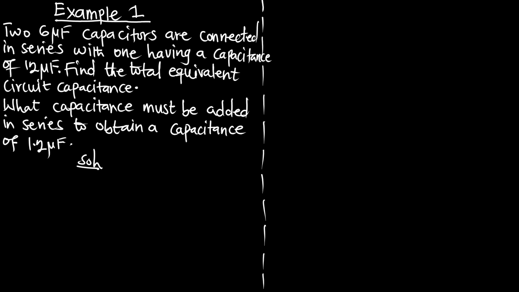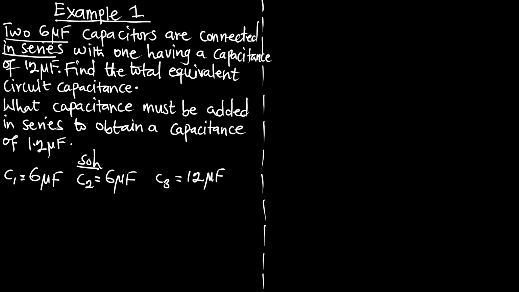So first, for the two 6 microfarad capacitors, let's say our C1 is 6 microfarad, and there are two, so C2, the second one, is also 6 microfarad, and they are connected in series with the third one, so let's call that C3, which is 12 microfarad, all in series.